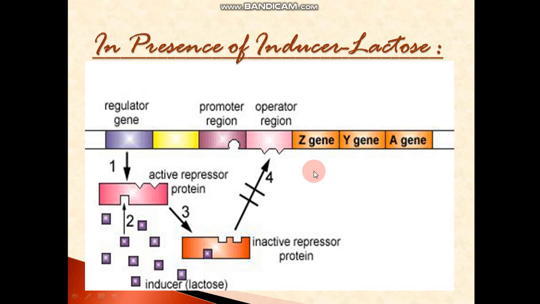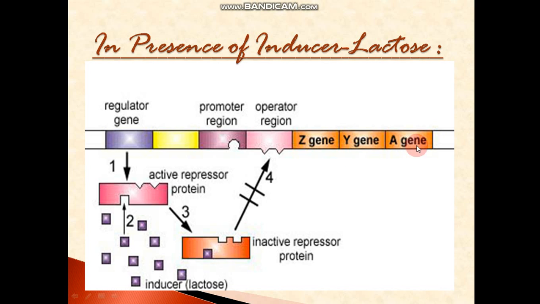This is a very direct thing. Lac Z is producing beta galactosidase. This beta galactosidase will go and act on the lactose and will start digesting the lactose. So ultimately what will happen?